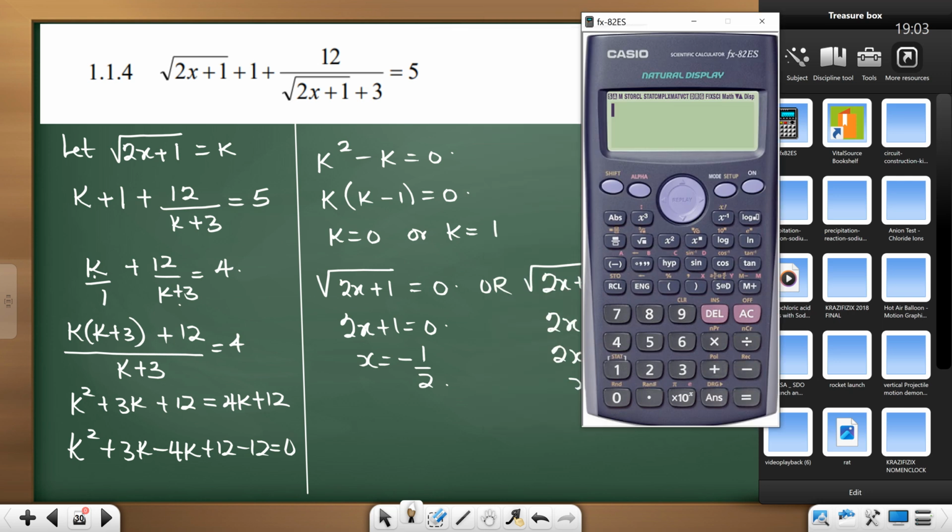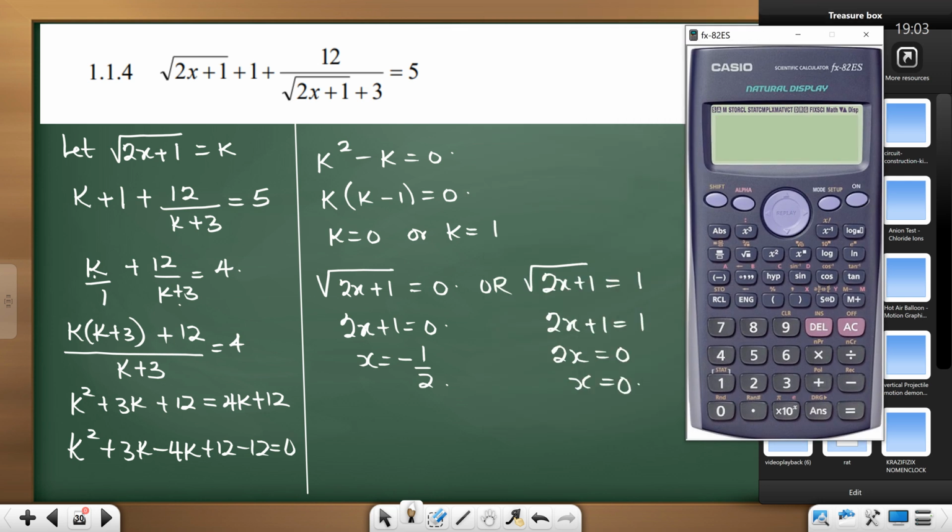Let's take a calculator. If my x is equal to negative half, I'll be having square root of 2 times negative half. I'm just substituting, right? Please be mindful of the root. Plus 1. That still covers the root, right? Now, the next plus 1 is out.